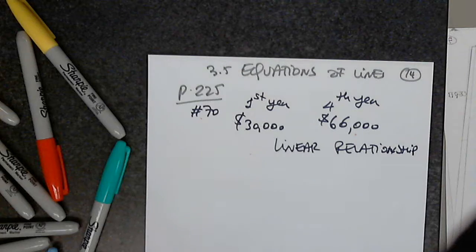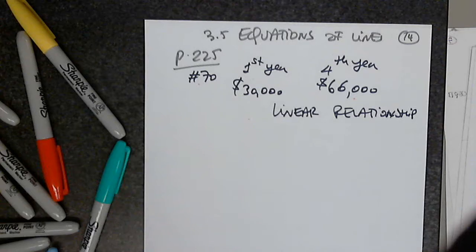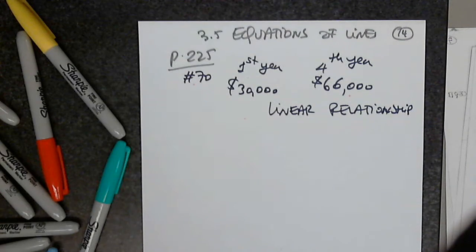Okay, so I'm told that at the end of the first year, we make profit $30,000, and at the end of the fourth year, our profits are $66,000. And I'm asked to find the relationship between profit and the number of years.